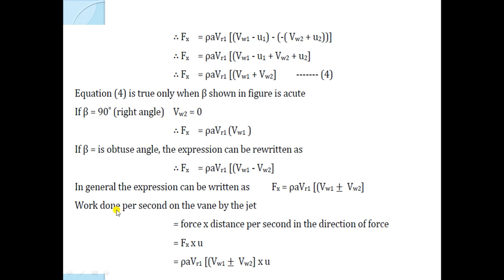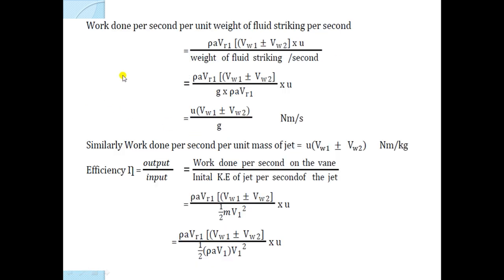So work done per second on the vane by the jet will be force into the displacement. So Fx into u. If we substitute the value, Fx is rho a Vr1 in the bracket Vw1 plus or minus Vw2, into u. Work done per second per unit weight of fluid striking will be work done divided by weight of fluid striking per second.